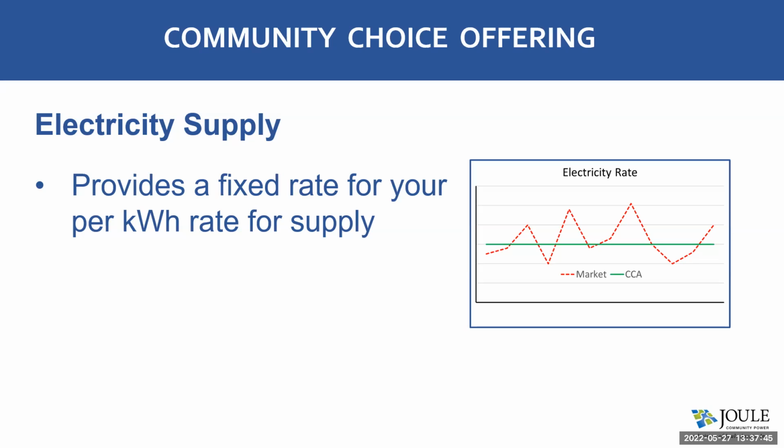So as the market rate fluctuates up and down depending on the market, that's how your electricity charges fluctuate. So as the rate changes, your bill changes. However, with the CCA, you have a fixed rate, meaning you know each month what rate you're paying for electricity supply every single month, even before you get your bill.